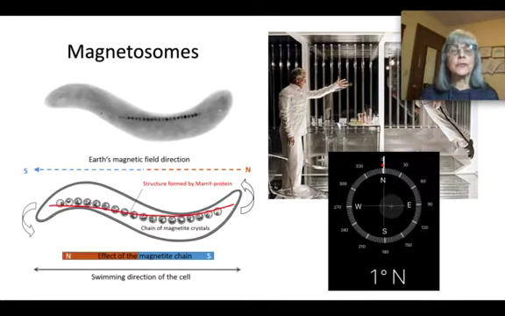Those are magnetosomes. And again, they have a magnetic property. They act almost as a compass, so that they are drawn to the Earth's magnetic field. They sink to the bottom of water sources, and two reasons.